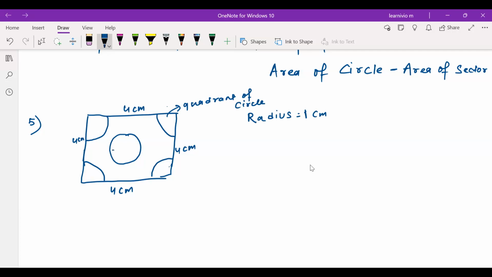So the middle one has diameter 2 centimeter, so again the radius of this circle is 1. Find the area of the remaining portion.